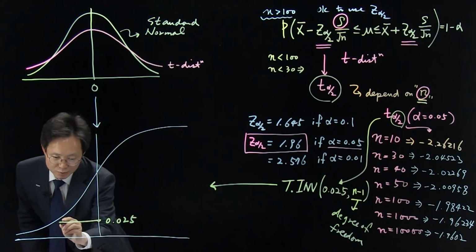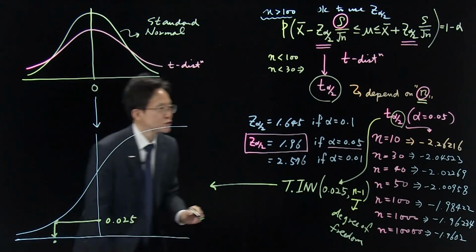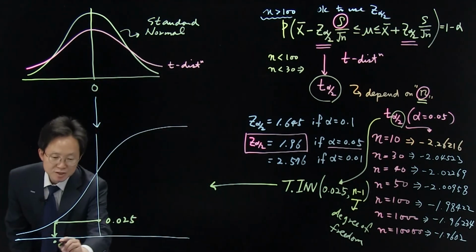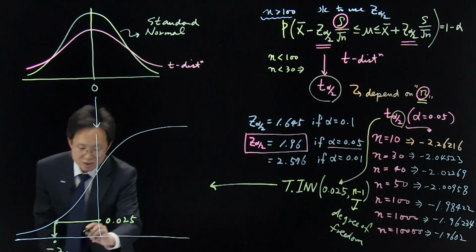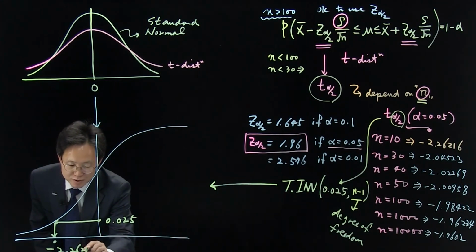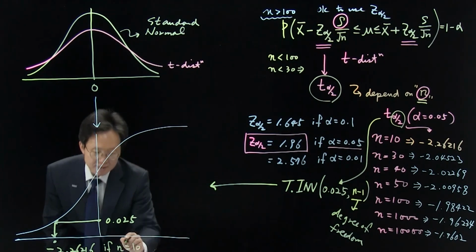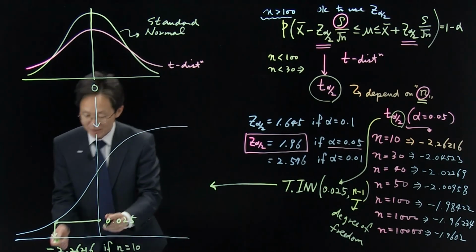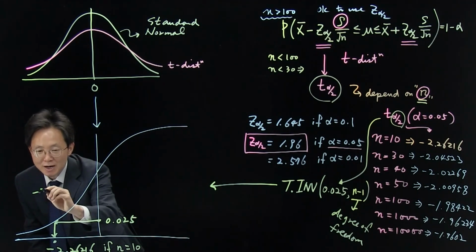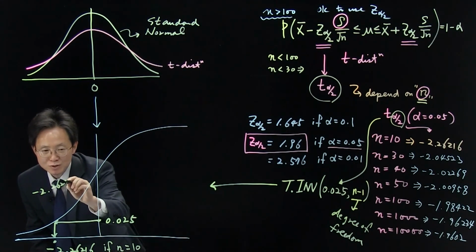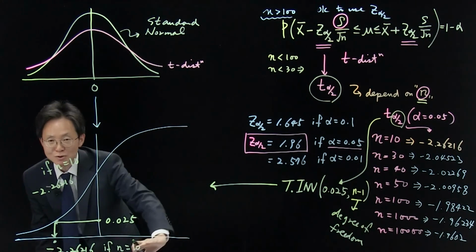And then we go that way, and then go that way, and this one is minus 2.26216 if n is 10. Oh, sorry, you have to look at this one. The value is minus 2.26216 if n is 10. That's what I wrote here.